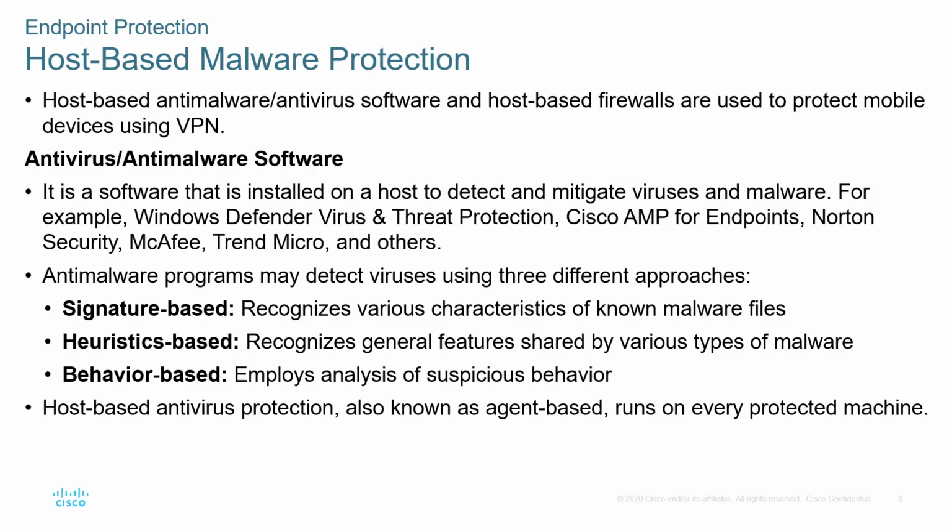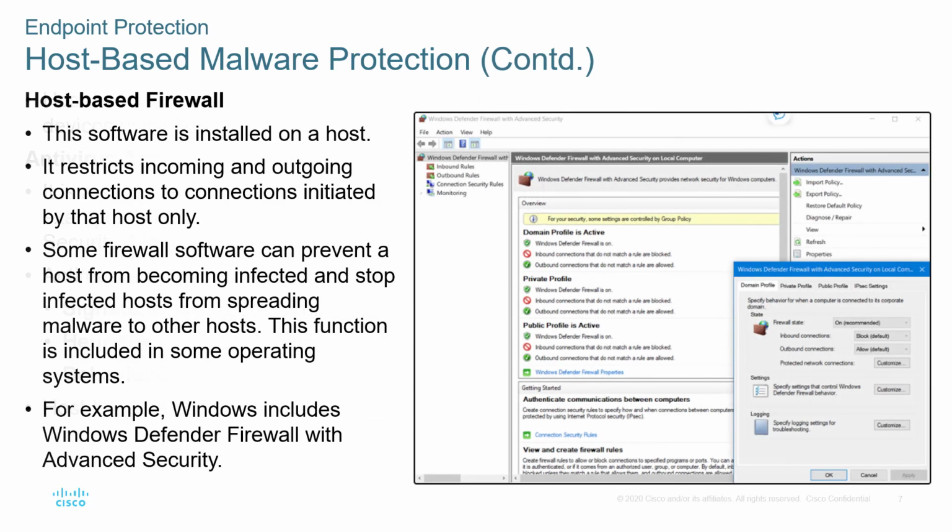So what's some of the common host-based protections outside of an antivirus or anti-malware? Is the host-based firewall. In Windows, we have a built-in firewall. That's the Windows Defender firewall, sometimes referred to as the Windows Defender and Advanced Security. This is a host-based firewall. It's installed on a Windows client.